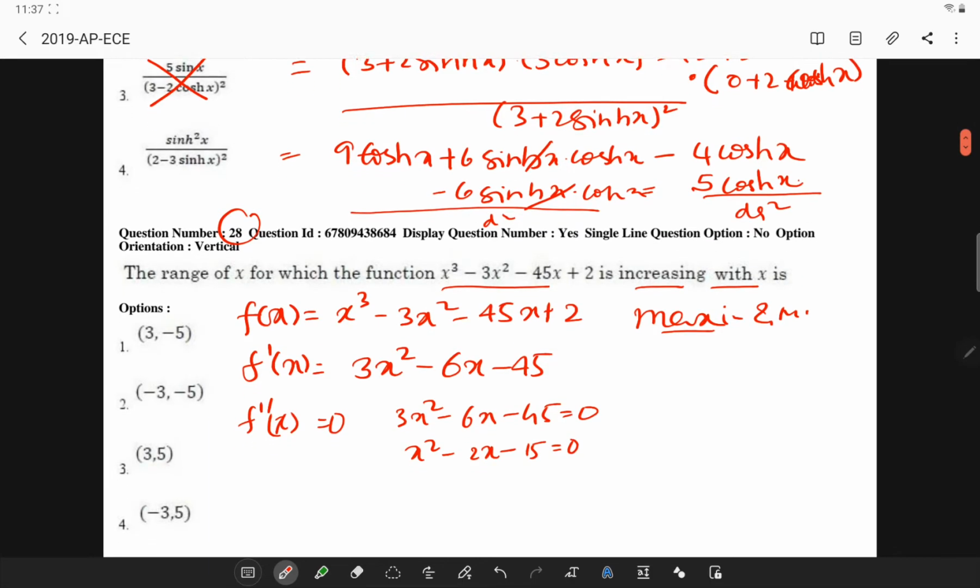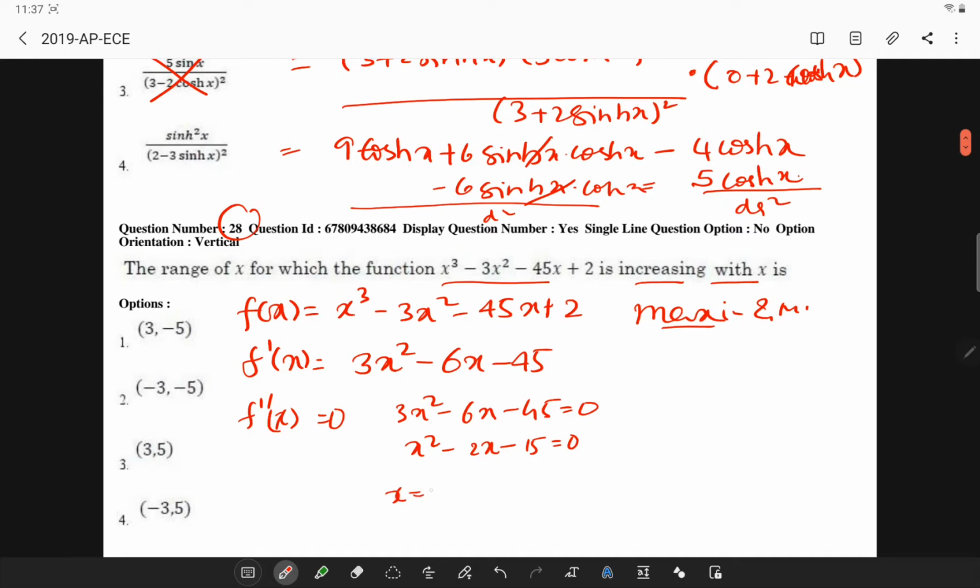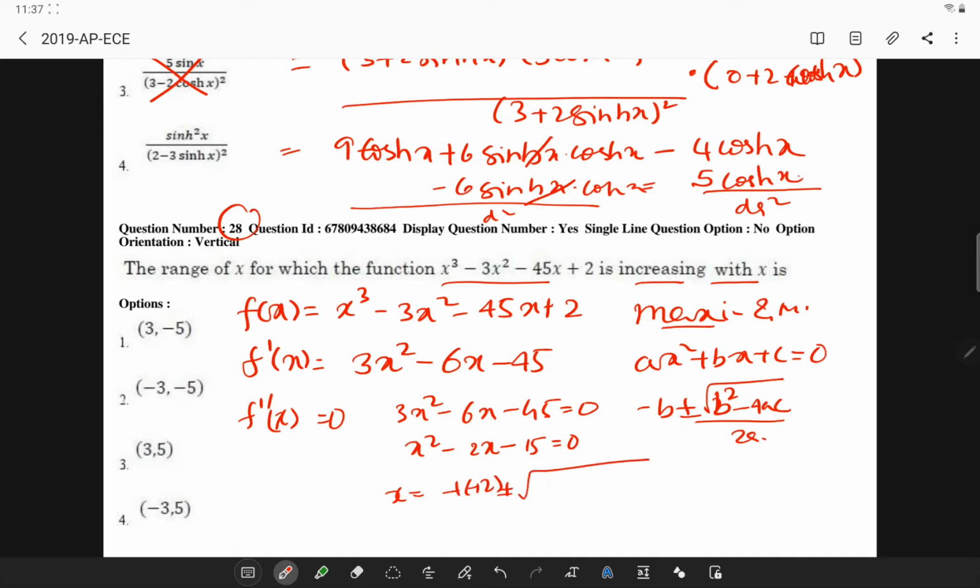to 0. So if I calculate the roots of any equation ax square plus bx plus c is equal to 0, or quadratic equation, x is minus b plus or minus root over b square minus 4ac by 2a. So here minus of minus 2, which is plus, or minus b square, 4 square, 2 square is 4 plus 4 into 15 divided by 2 into 1, which is 2 plus or minus 64 divided by 2, or 2 plus or minus 8 divided by 2.